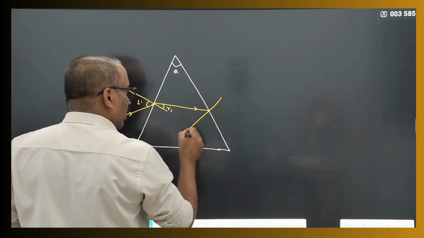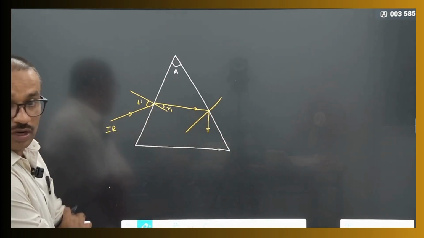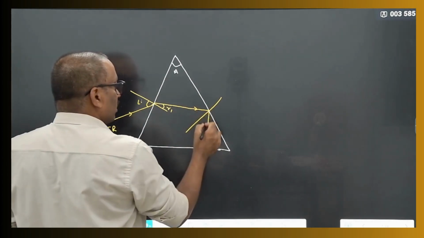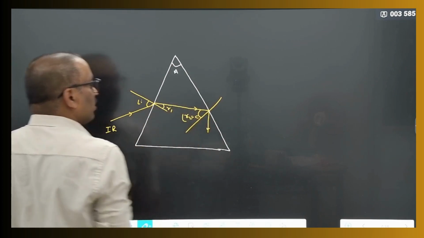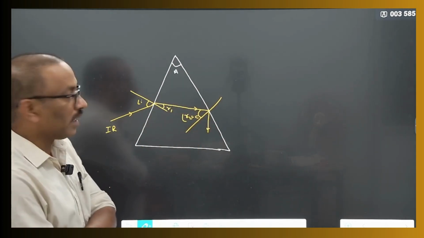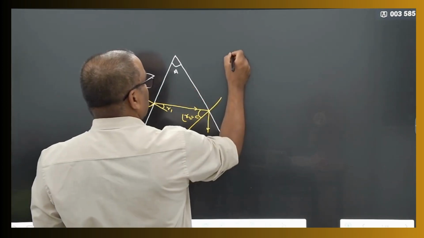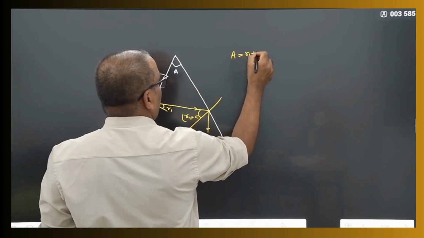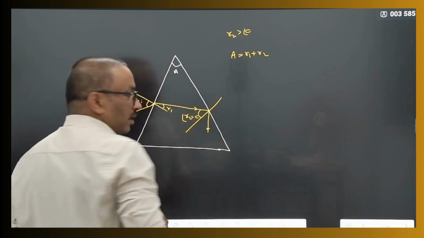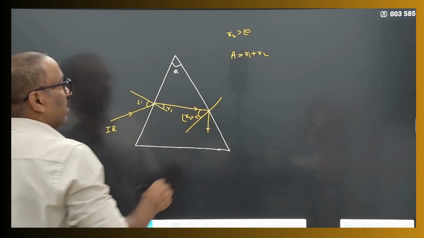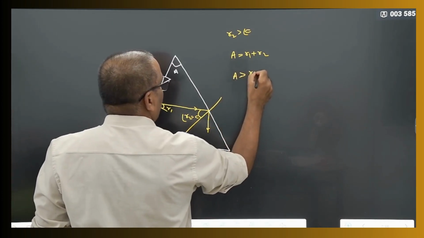Here it is undergoing total internal reflection. Total internal reflection means R2 should be equal to or greater than the critical angle. To undergo this, A should be equal to R1 plus R2. Therefore R2 should be greater than the critical angle. So that means the angle of prism should be greater than R1 plus C.